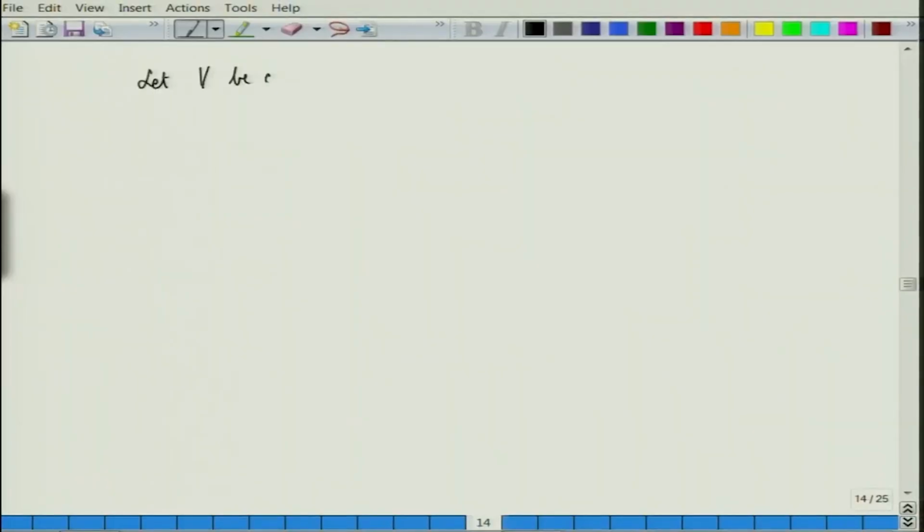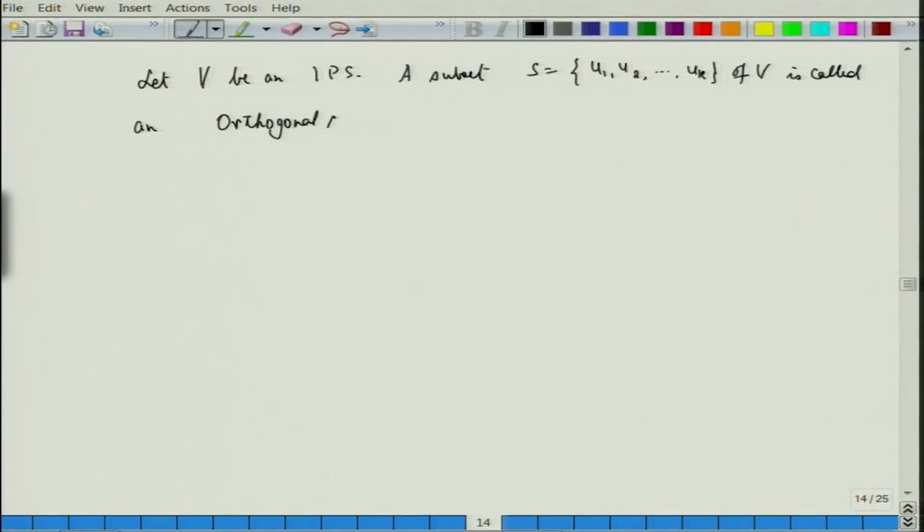Let V be an inner product space. A collection, or a subset, S equal to U1, U2, up to UK of V is called an orthogonal set if the inner product of Ui and Uj is 0 for all i not equal to j.